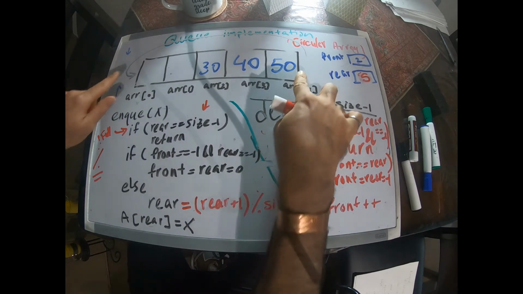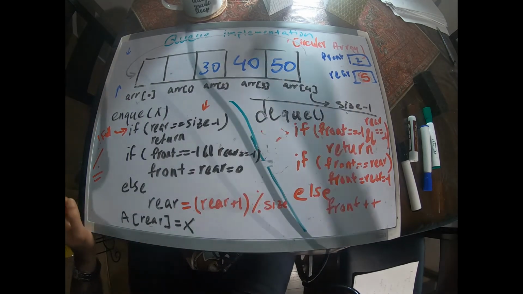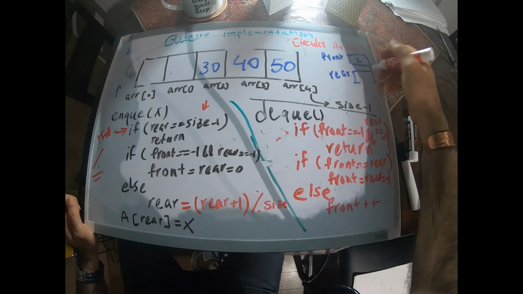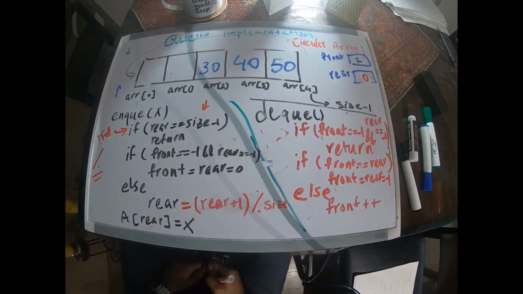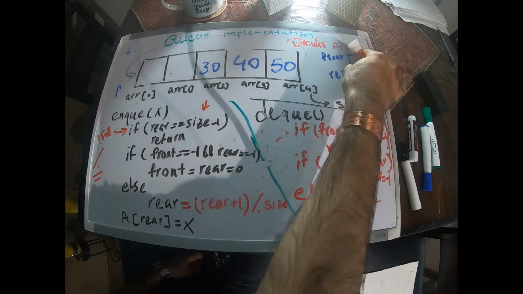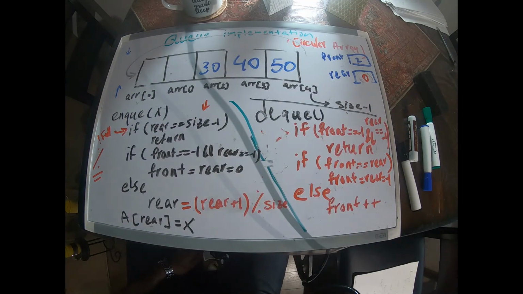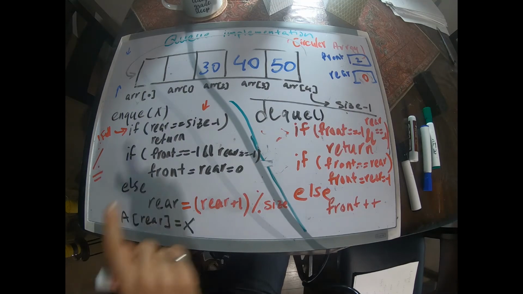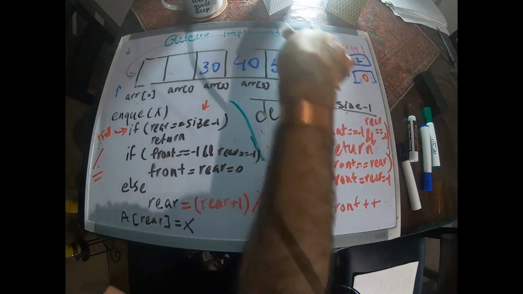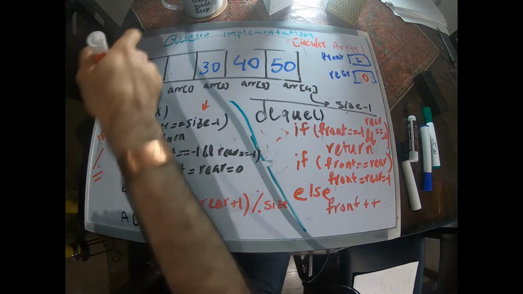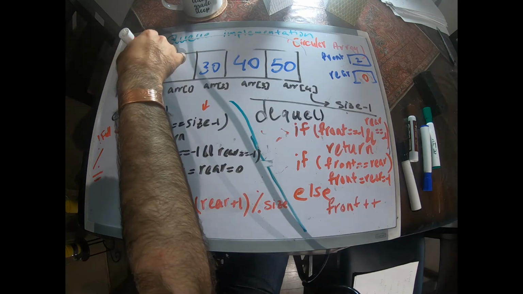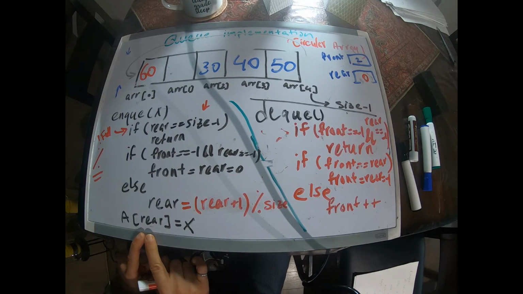What is size? Size of the array, 5. So rear becomes 0. At this point, our rear is going to be smaller than our front. That is okay, because we have a circular concept here. Now we're going to insert, or NQ, 60 here.